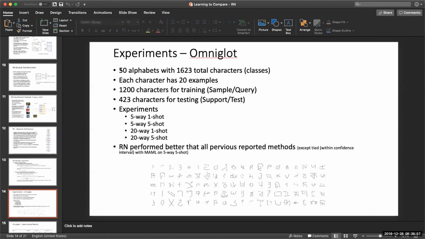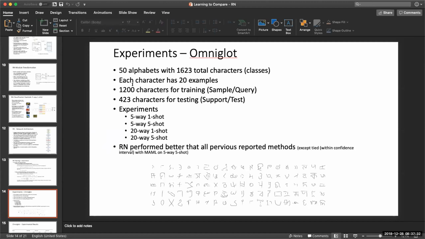So the Omniglot dataset has 50 alphabets within it, and there are 1,623 total characters. And these are going to be the classes that we're concerned with in our model. So a class is a specific character. Each one of these characters or classes has 20 examples.